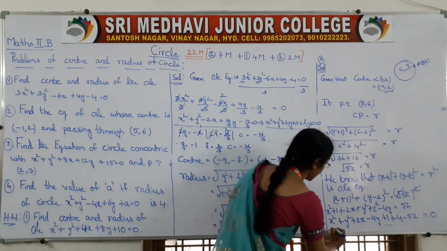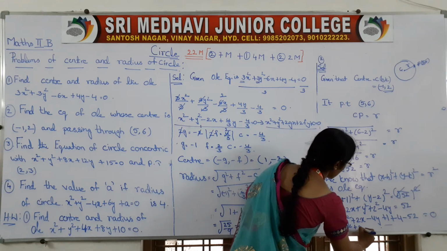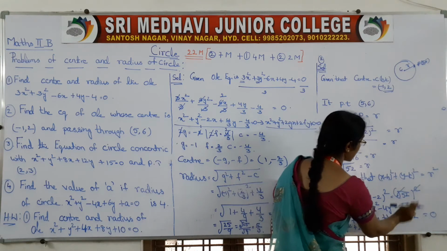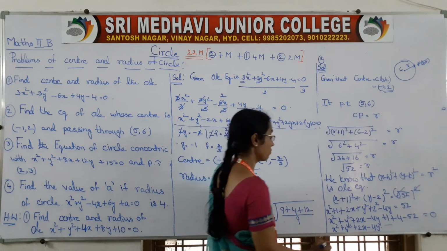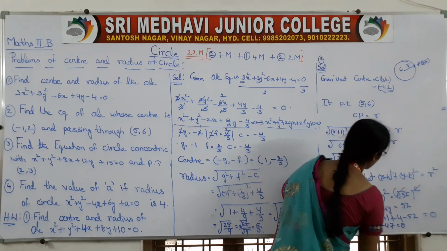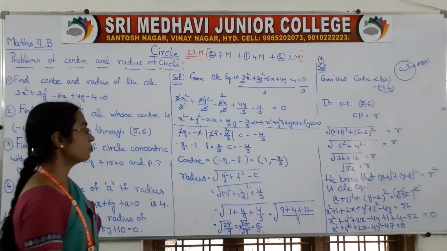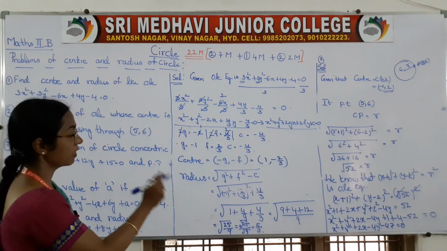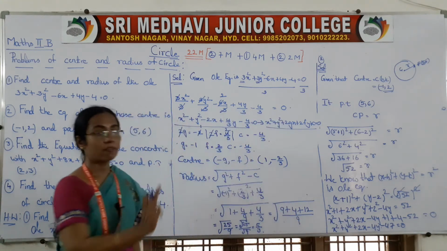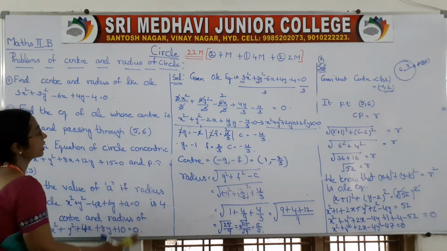So at the end our equation is x square plus y square plus 2x minus 4y minus 47 is equal to 0, the required circle equation. If you observe the circle equations anywhere, the coefficient of x square and the coefficient of y square will be equal to 1.